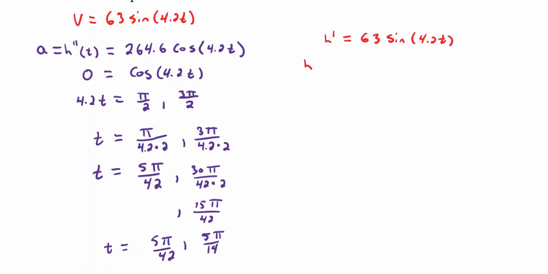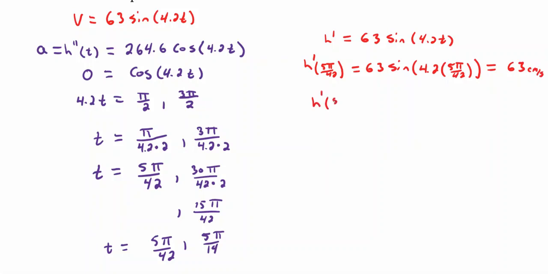So we'll input our values there. h prime of 5 pi over 42 is equal to 63 times sine 4.2 times 5 pi over 42, and that gives you 63 centimeters per second. And if you input 5 pi over 14, you get negative 63 centimeters per second.